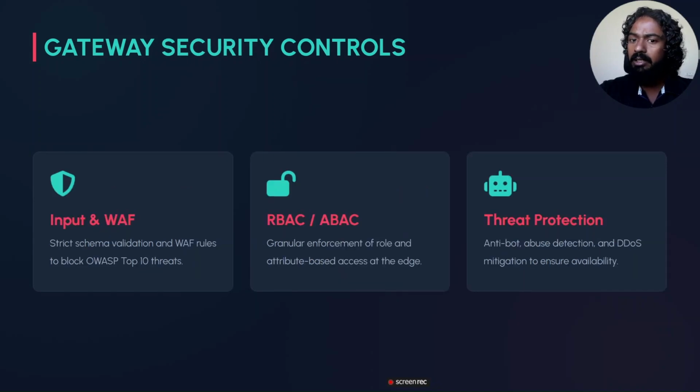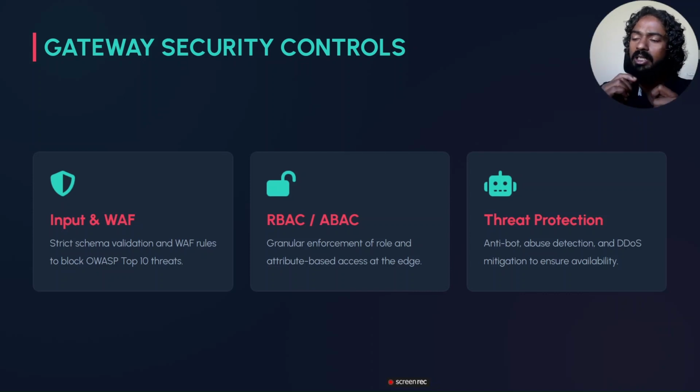Then security controls on the API gateway side, right? So this is the API gateway security brain itself. You're looking for input validation, your WAF policies, the rate limits, abuse protection if it is enabled, the RBAC, ABAC logic, all these things will be checked here.